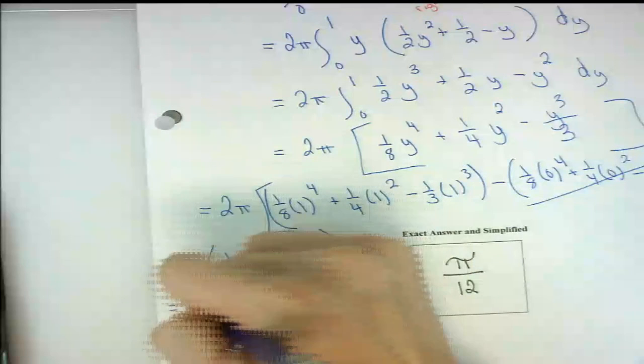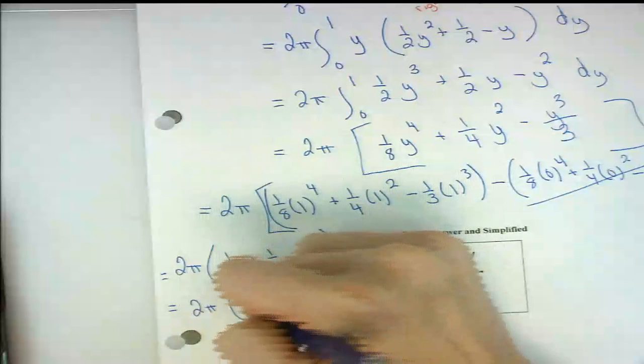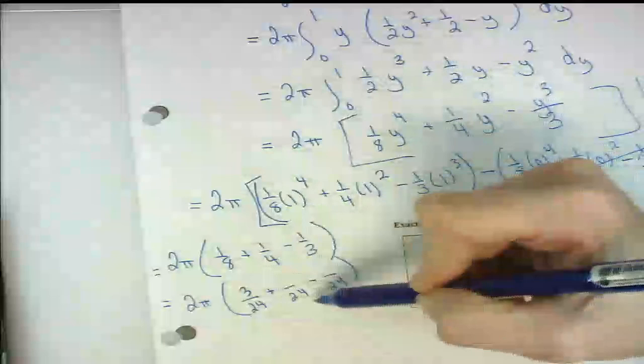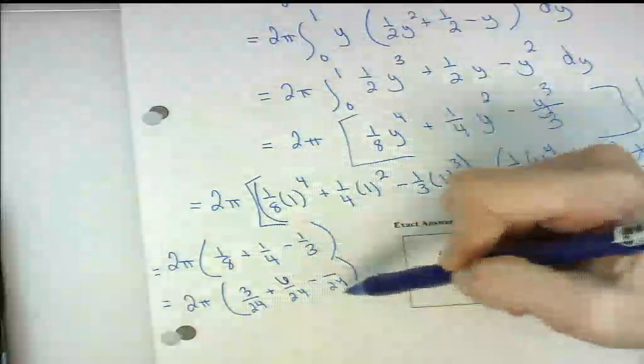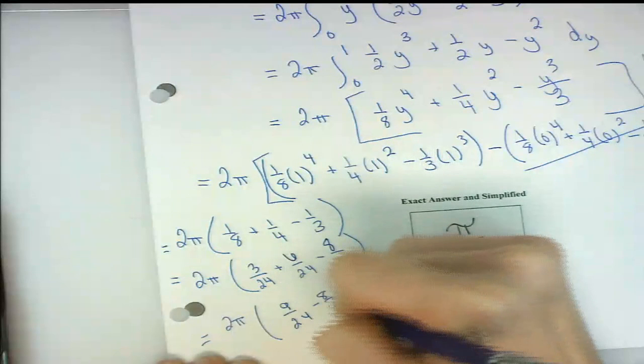So 8 times 3 times 1 is 24, and 3 goes into 24 8 times. 3 plus 6 is 9 over 24 minus 8 over 24.